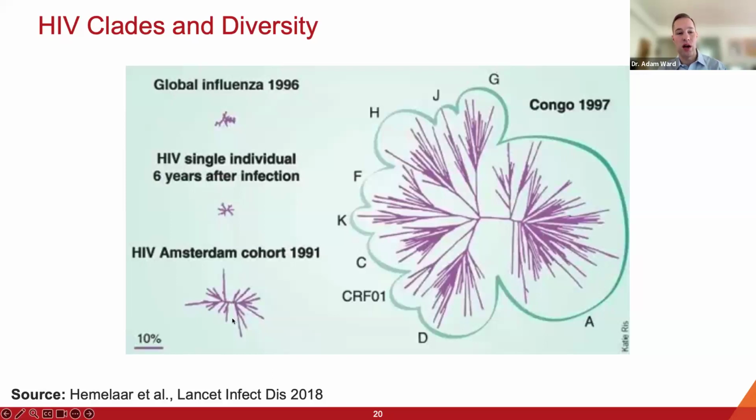This tree shows HIV genetic diversity in a cohort of people from Amsterdam living with HIV in 1991. And then this tree shows the genetic diversity of HIV circulating strains found in the Congo region in 1997. So you can really appreciate this immense genetic diversity of HIV.